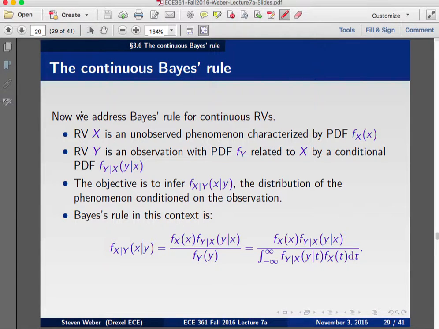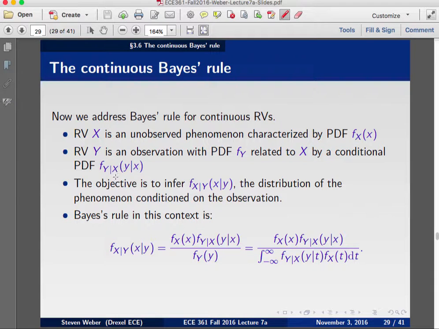Now what we're going to do is derive a version of Bayes' rule for continuous random variables. So now we'll think of the random variable X as the unobserved phenomenon, that is the cause, and it's going to have some probability density function, little f sub X. Random variable Y we'll think of as our observation, and it's going to have some probability density function f sub Y, and importantly, a conditional distribution of Y given X. And again, we think of this as analogous to measurements that might be made in a controlled laboratory setting.